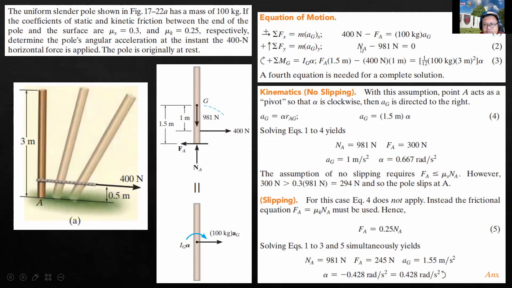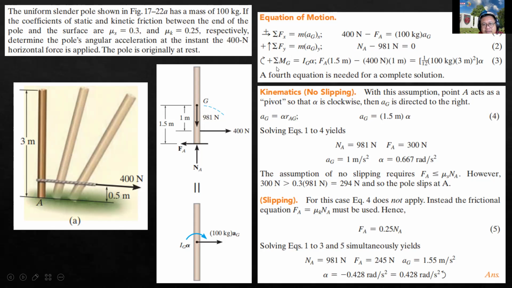In the y direction, we have a normal force at point A, and then the weight of this pole, which is 100 kg multiplied by 9.81. That equals 0, because the pole is just moving in the x-axis. No motion in the y direction, so it becomes 0 on the right-hand side.